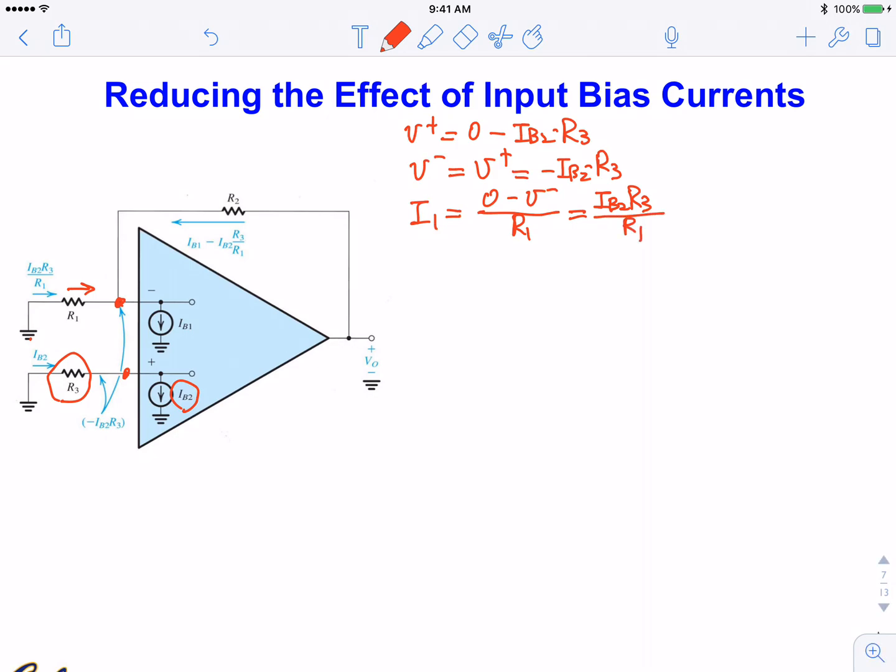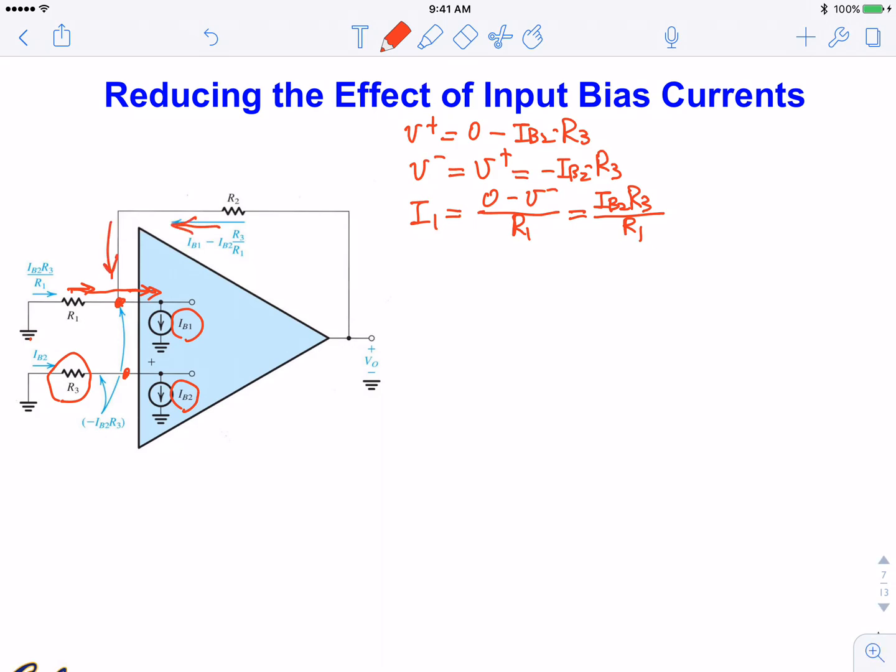So this current is going to flow in here, and there is current also flowing here, IB1 flowing here. So part of the current flows here and the other part will flow out. Or you can think of it differently: there is current flowing on this side.